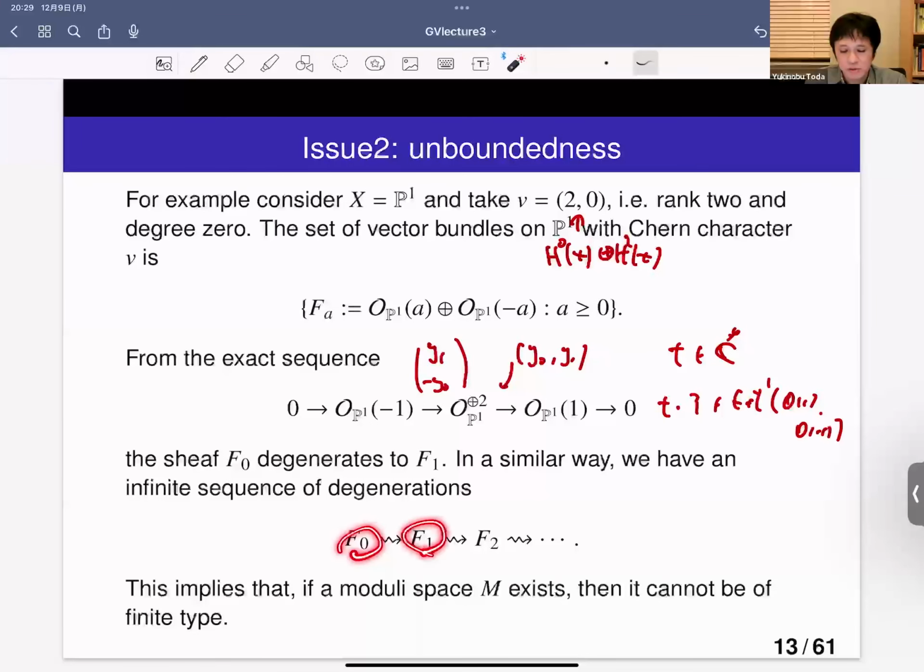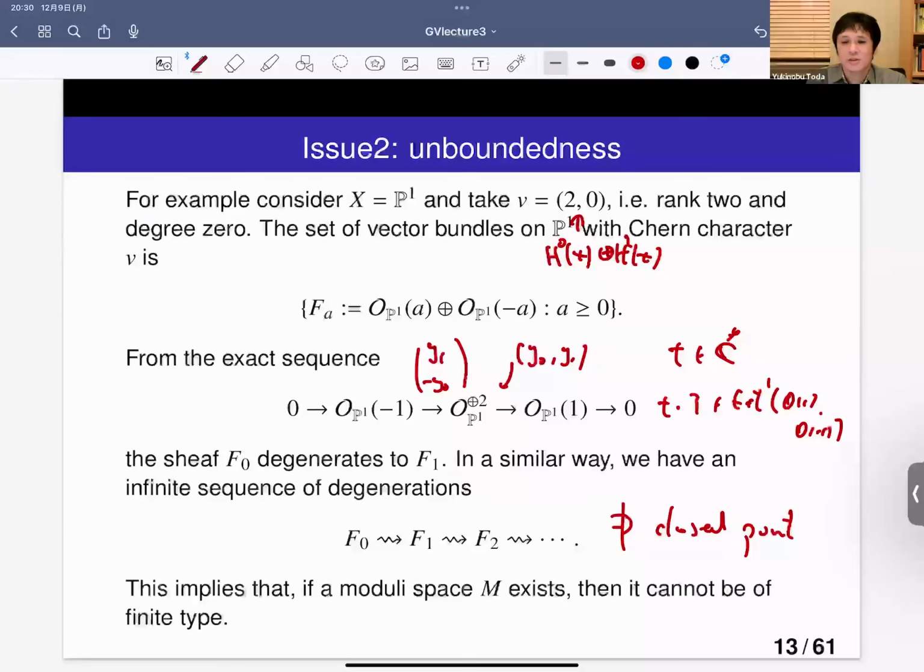F0 degenerates to F1, F2, and so on. So this means that among this set of vector bundles, there is no closed point in the moduli space. At every point, if you take a closure, then you get another point. So in particular, it cannot be a space of finite type.